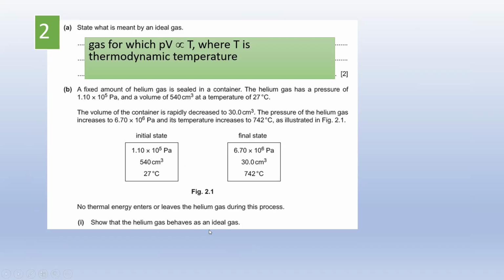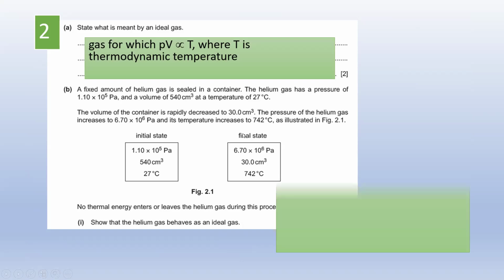How to show? Yep, how to show? You said, definition. PV over T is constant, no?